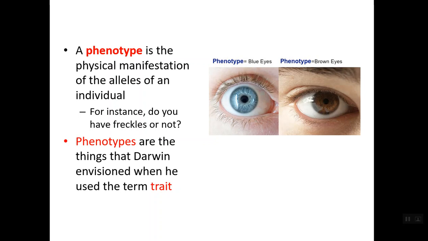At the time when Darwin was studying all these traits, narrowing down all these observations, he called them with a simpler word, which is the word trait. So phenotypes are traits, okay? Or you can even call them characters. All right.